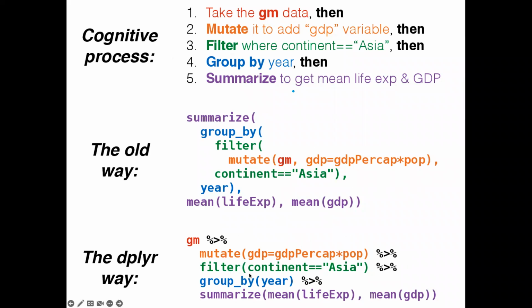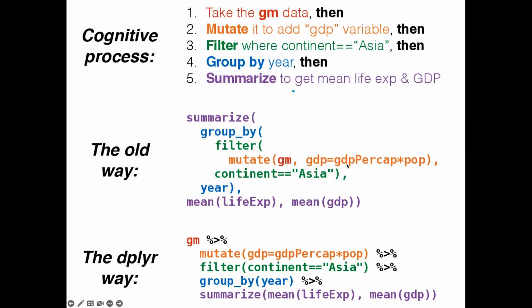Then we filter based on some condition, then we get the result of this, then we apply some function, which is group by year, then ultimately get the output of all that. Then we summarize these two columns. We apply the function mean on life expectancy and the mean of the GDP.